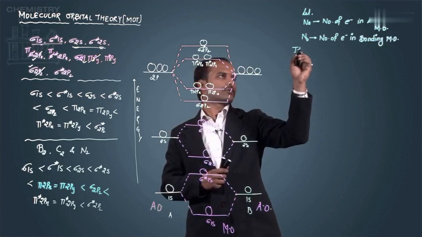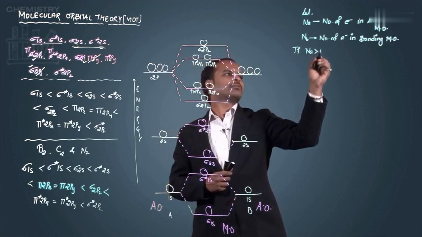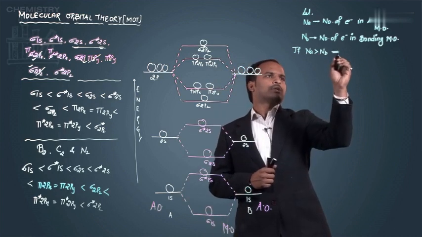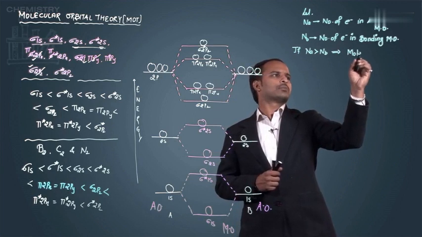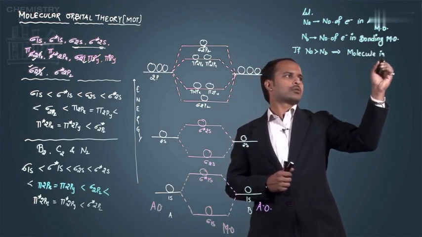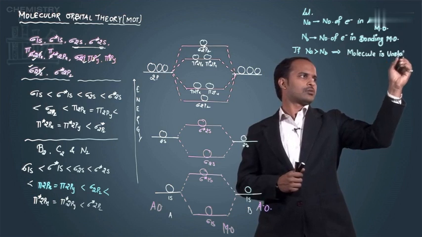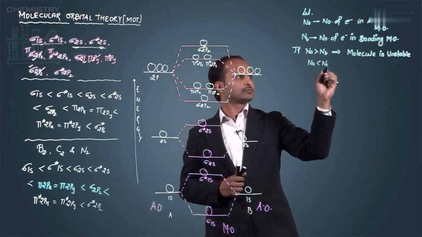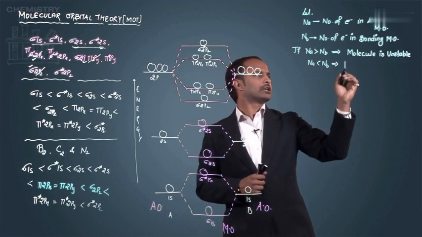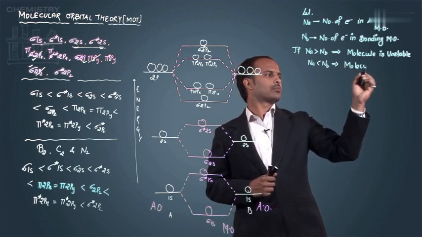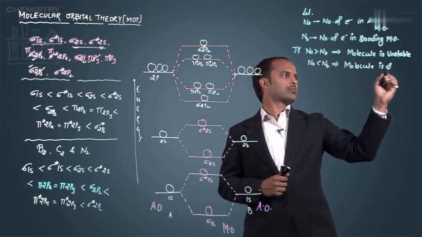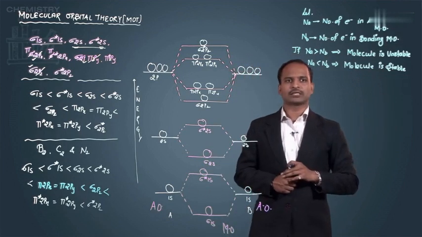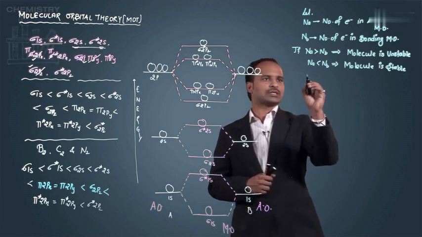If Na is greater than Nb, then the molecule is unstable. If Na is less than Nb, then the molecule is said to be stable. And if Na is equal to Nb, then the molecule does not exist.